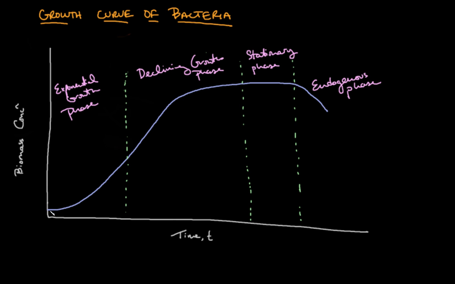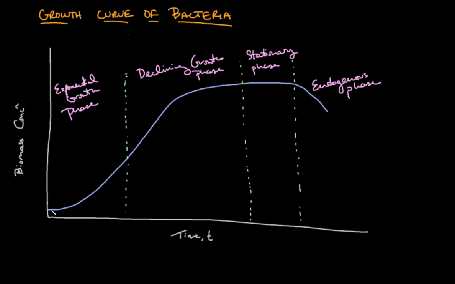So what we have here is an initial amount of bacteria. In the exponential growth phase, the rate of growth is increasing. The rate increases, so it gets faster and faster and faster exponentially with growth factors.